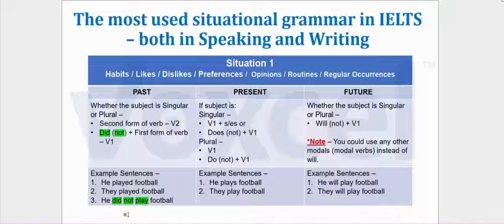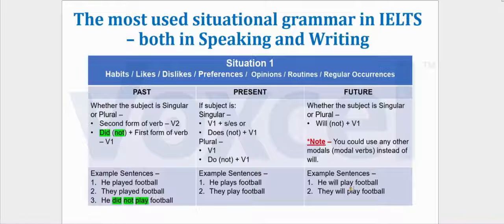You should not say, I have heard students using second form with did, like he did not played football. No, with did we always use the verb's first form. You can make a habit of it. I will tell you how to practice later in this video, but right now focus on what I'm trying to teach you. So with did we use the verb's first form.